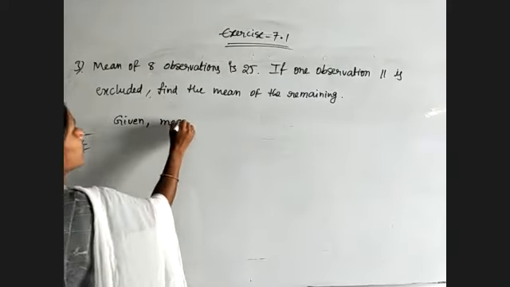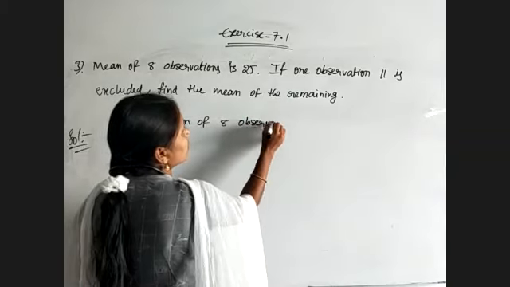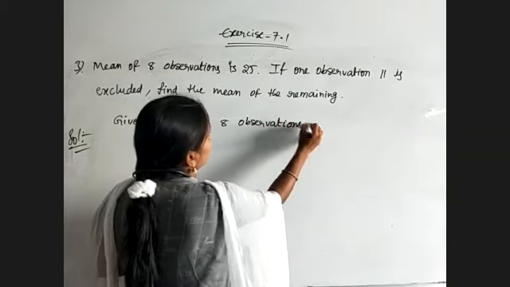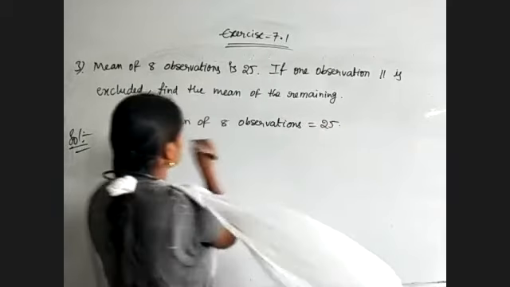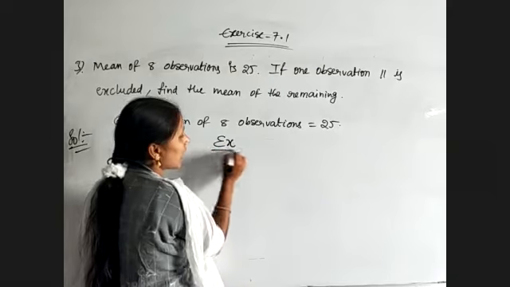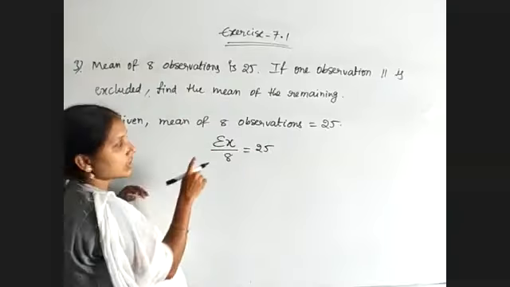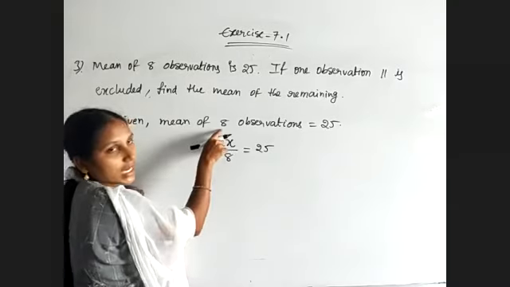So given, mean of 8 observations is equal to 25. That means the mean of 8 observations, so sigma x by 8 is equal to 25, given. Sigma x by n, where n is 8.